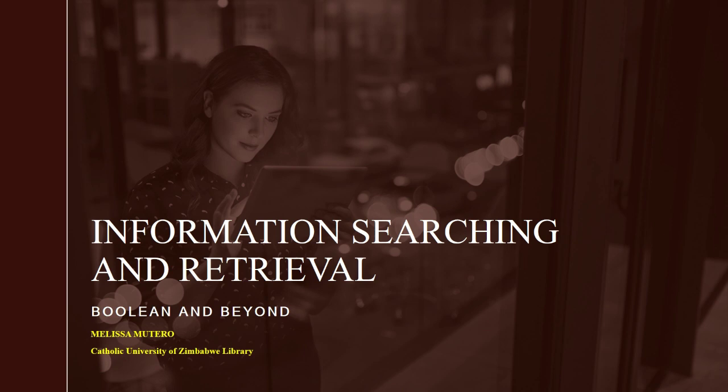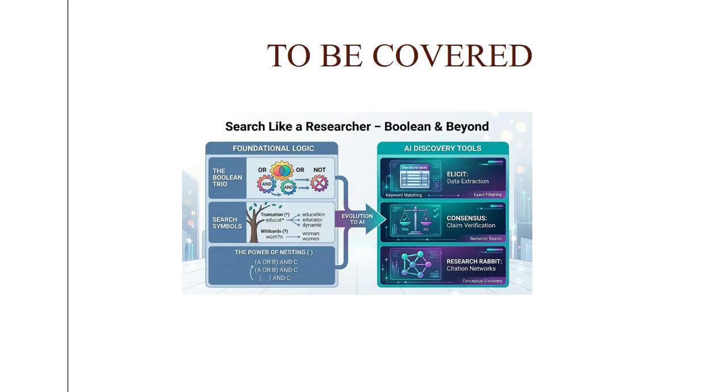So as I mentioned, we are talking of information searching and information retrieval, which are processes that are combined. When you search, you retrieve. So we are looking at Boolean operators and beyond, other tools that can help us. So this is what we want to cover.